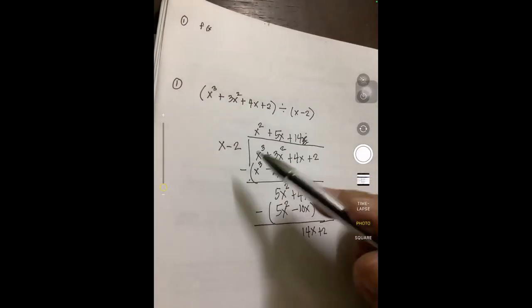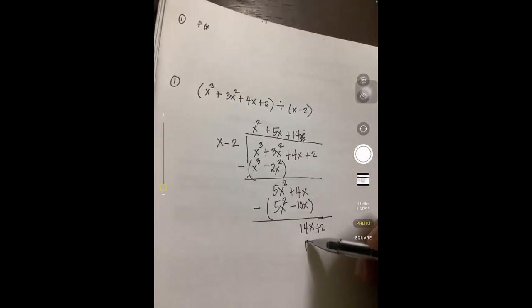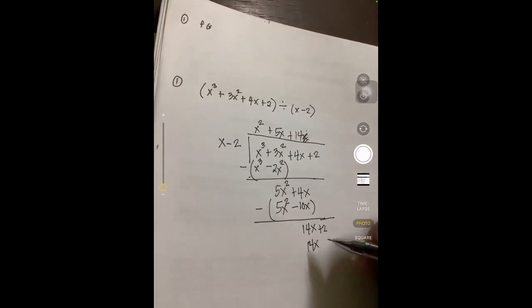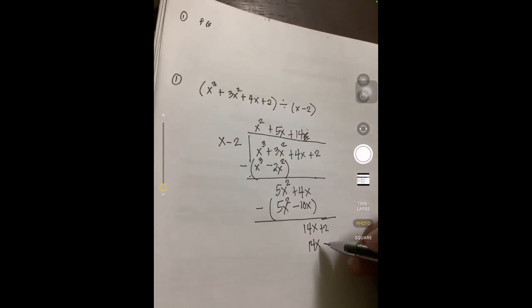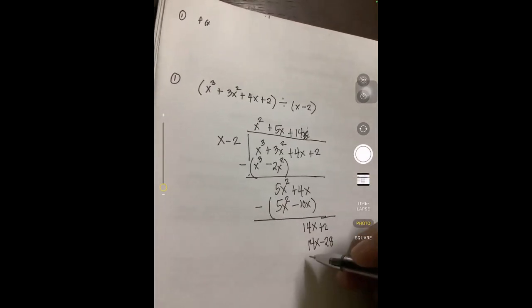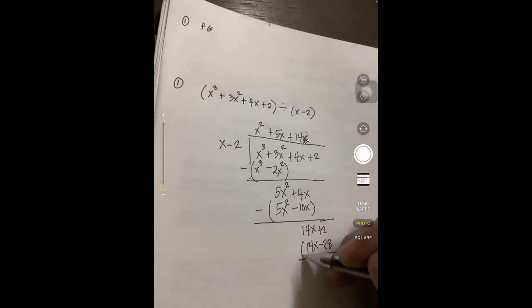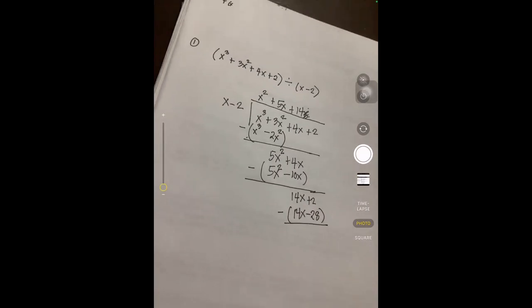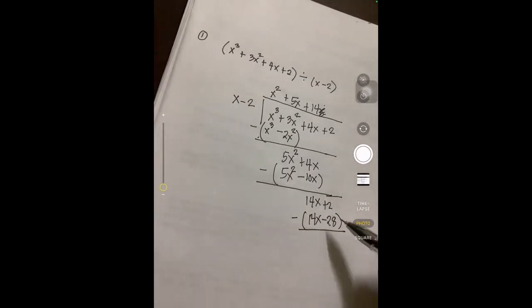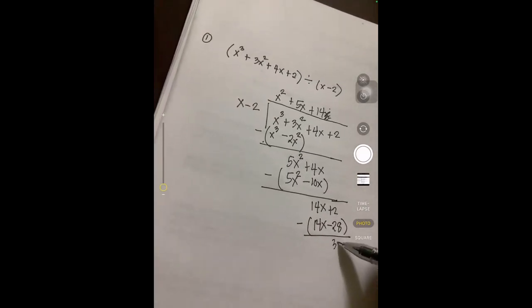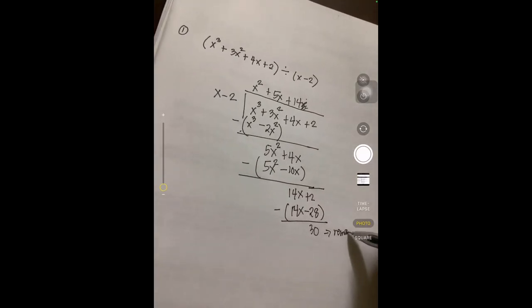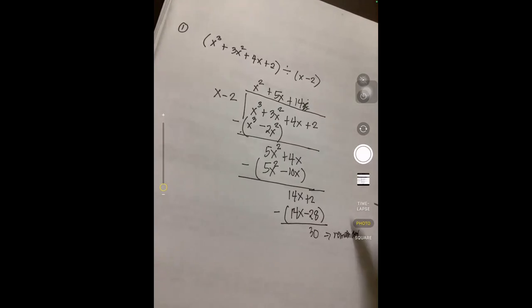Then 14 times x, you have 14x. Then 14 times negative 2 becomes negative 28. Subtracting, 14 minus 14 is 0, and 2 minus negative 28 is 30. Therefore, our remainder is equal to 30.